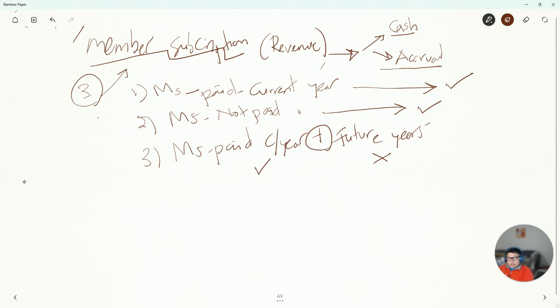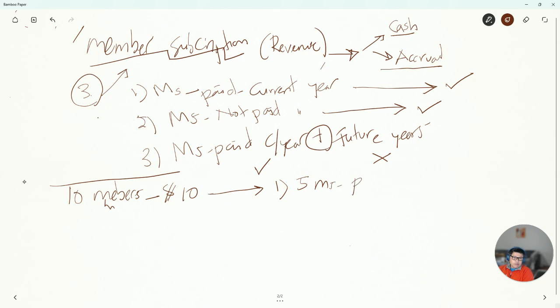So if we put the context for 10 members in the organization, yearly fee is $10. The scenario I put in the context is 3 scenarios. One, 5 members paid for the current year.